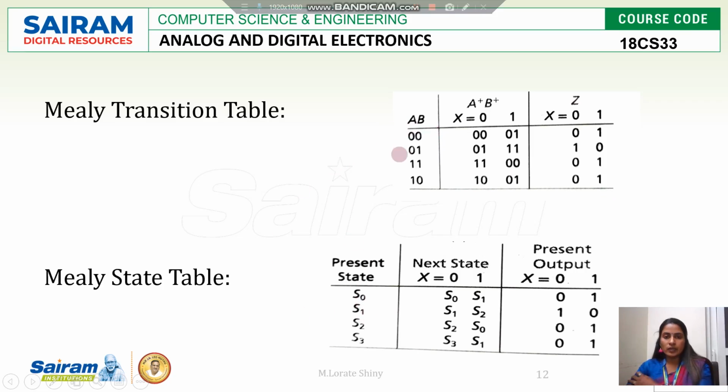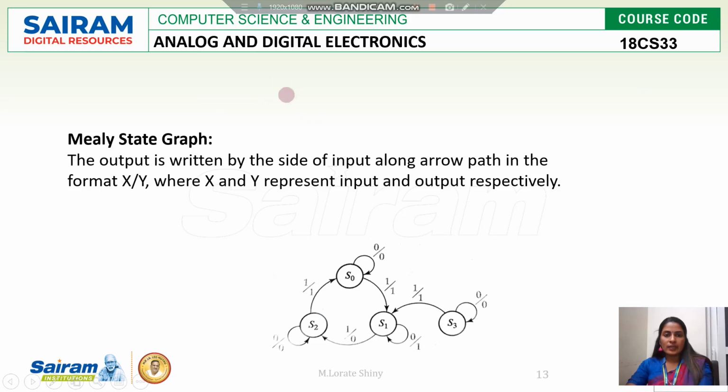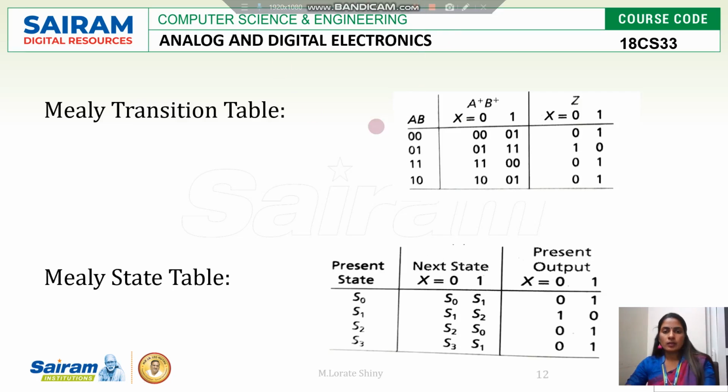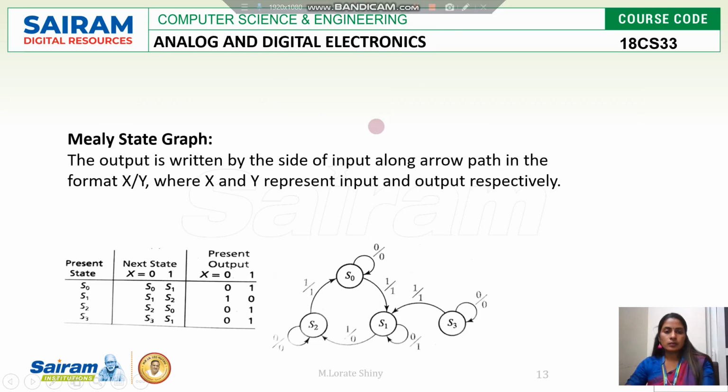When you convert, the four states are S0, S1, S2, S3, and everything is converted into states. This will remain the same. Then you convert this into a state graph. This is the state graph of the Mealy circuit. Next is the Mealy graph, from state table to state graph.